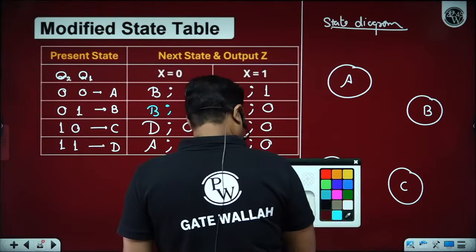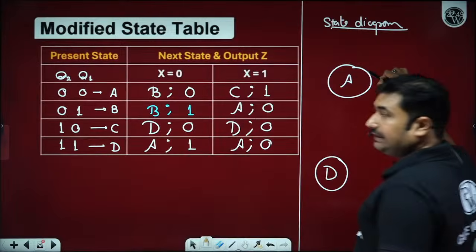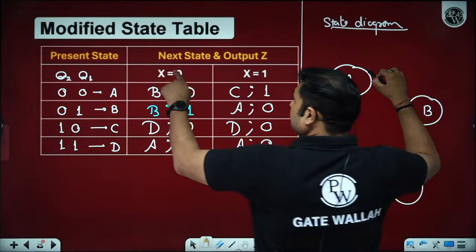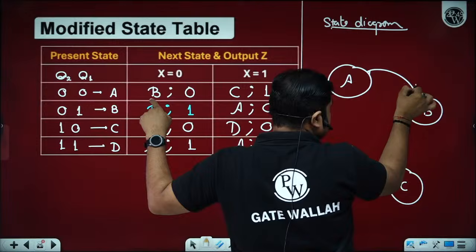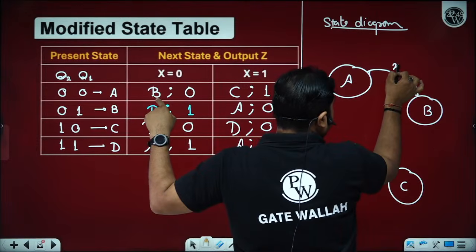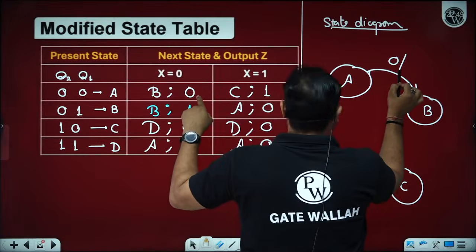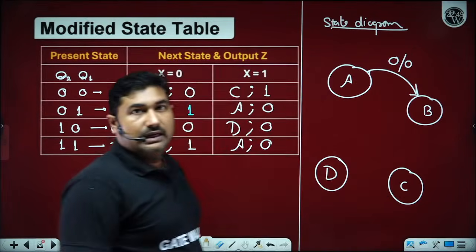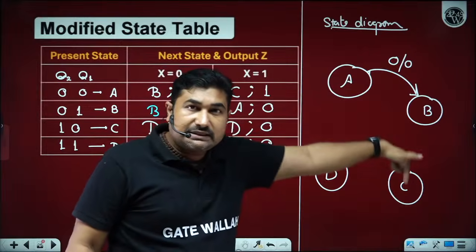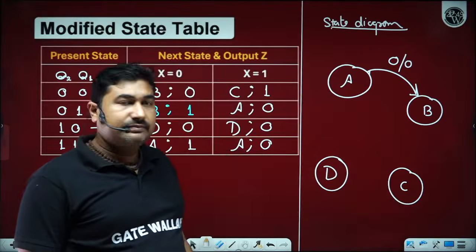Okay, sir. Now, if we are on state A, then with the input x is equals to 0, next state will become B and output will become 0. Arrow indicates going towards next state in the state diagram.